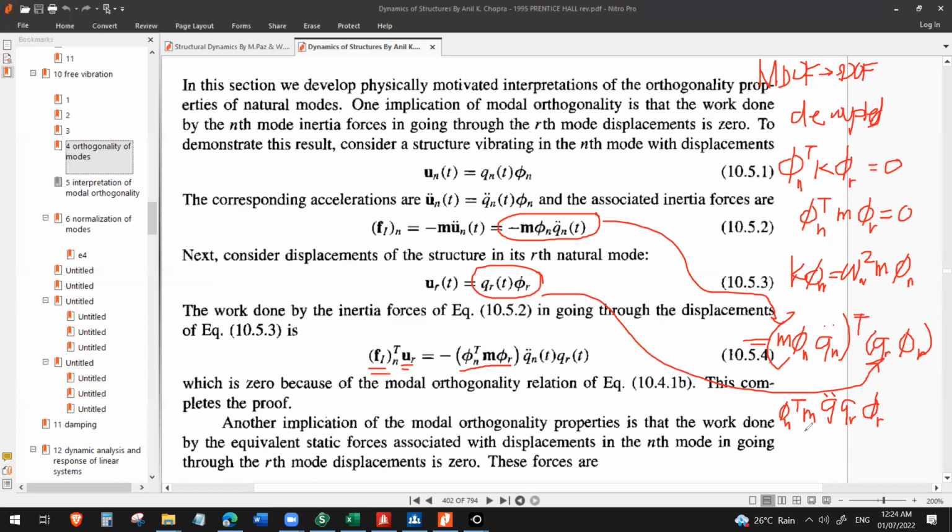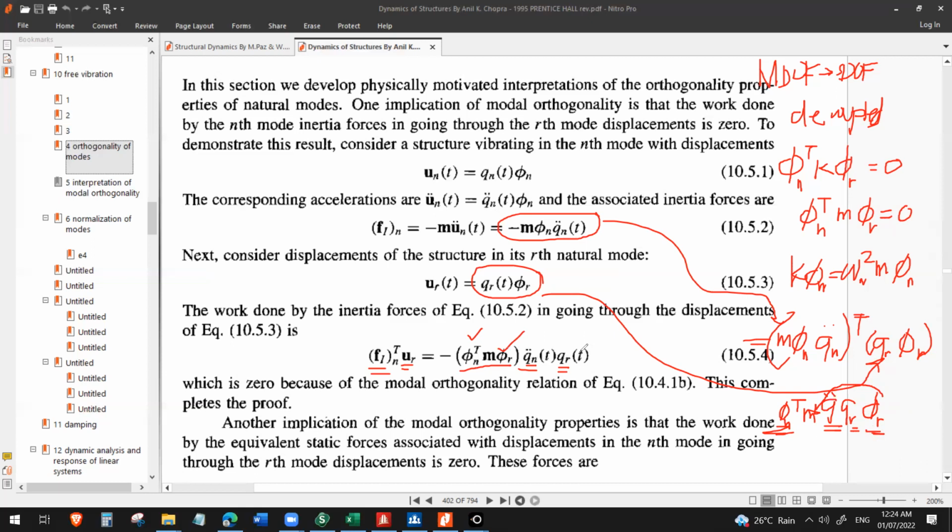Okay, so the phi n transpose, correct, ito yon, no? Q double dot, ito yon, no? Q sub r, ito yon. Okay, then yung phi sub r, nag-switch sila, no? Napunta dito. Okay, ito yon, yung phi sub r, galing dito.